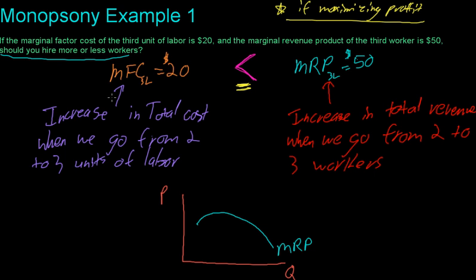If this isn't ringing a bell, go back and look at those other videos again. And then we had a marginal factor cost that was constantly going up.